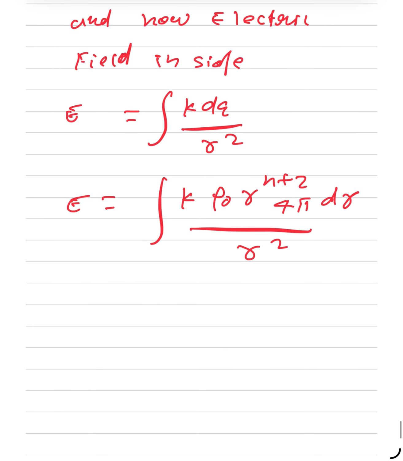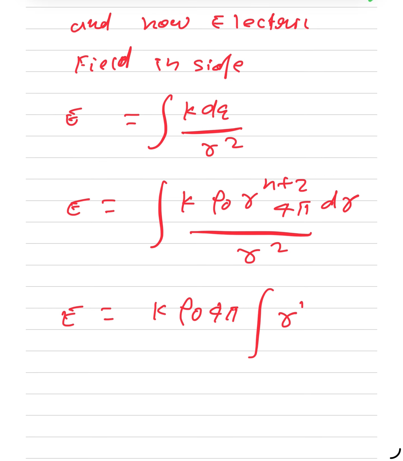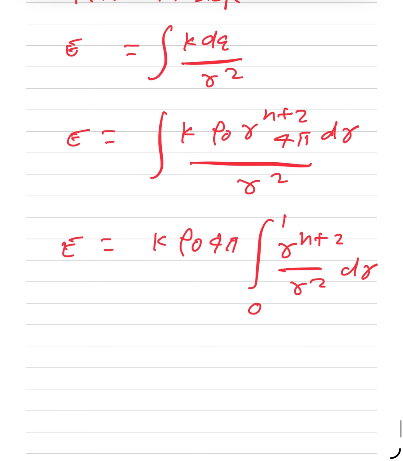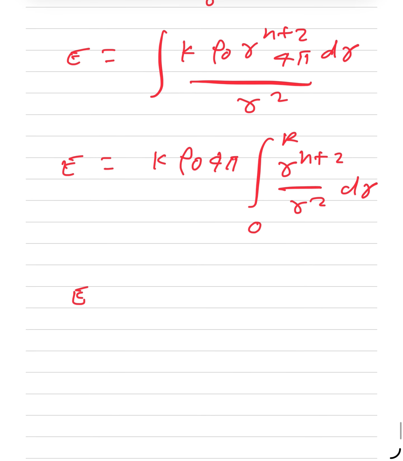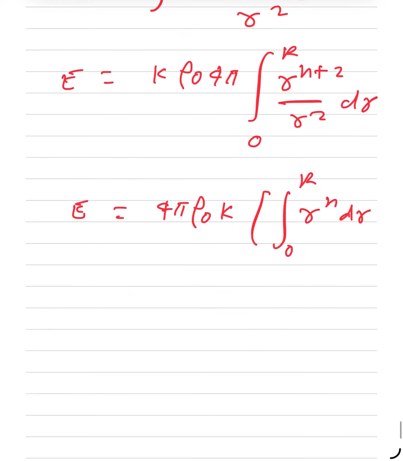E equals k rho naught 4 pi times r power n plus 2 divided by r square dr, using limit from 0 to capital R. Rearranging, E equals 4 pi rho naught times k, and the integration of r power n dr, limit 0 to r, gives r power n plus 1 divided by n plus 1.